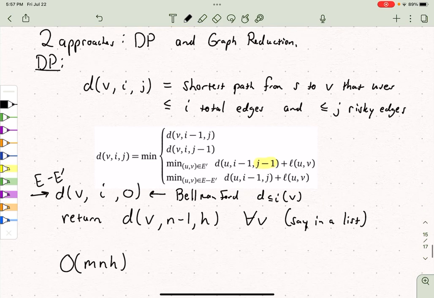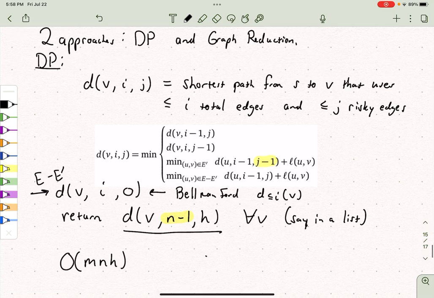At the very end, we just return d of v, n minus 1, h for all v's, maybe in a list, doesn't really matter. But the point is, just like in Bellman-Ford, we need to plug in n minus 1 there to avoid any kind of cycles. So remember, if there's negative weight cycles, then recursion wouldn't work. It'll just infinitely loop. And so having that n minus 1 there restricts the number of edges so that we never infinitely loop.